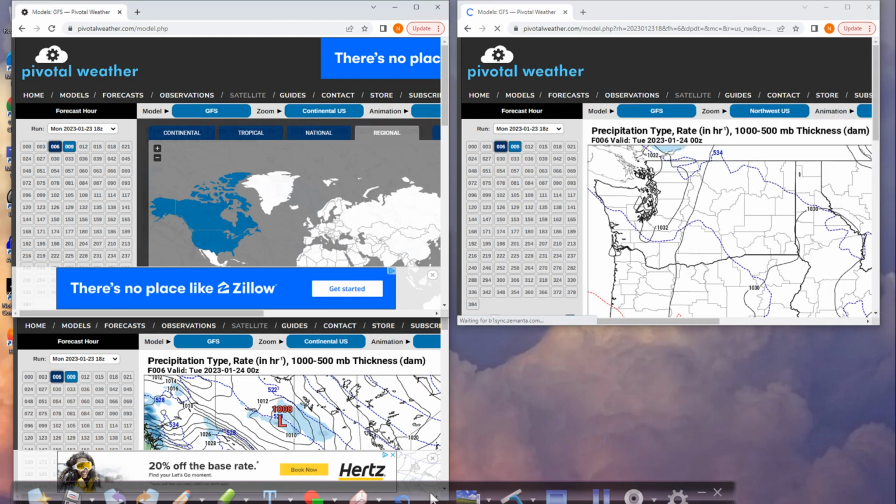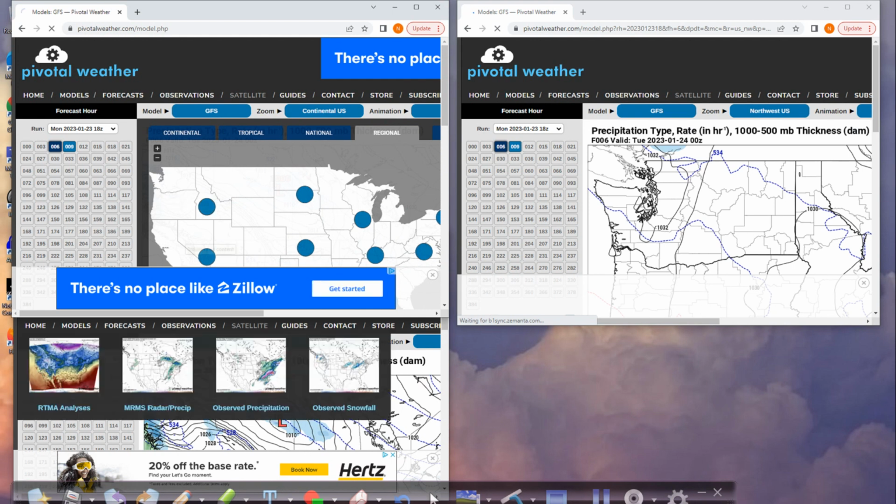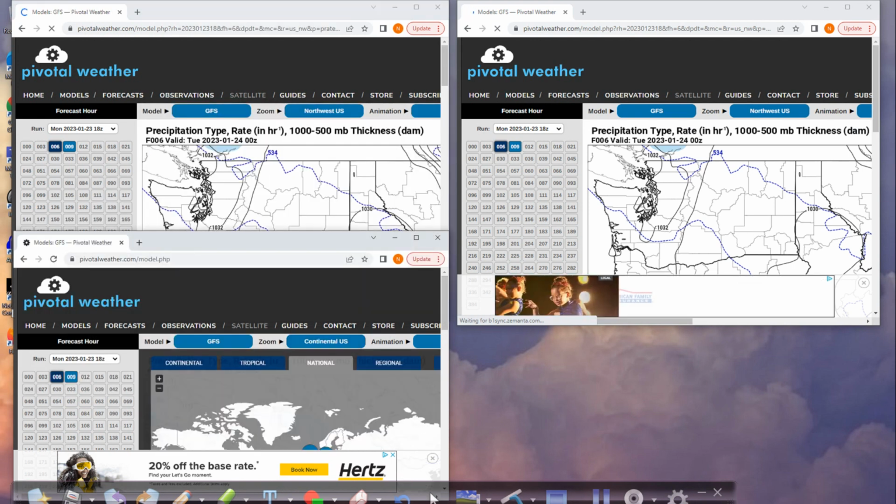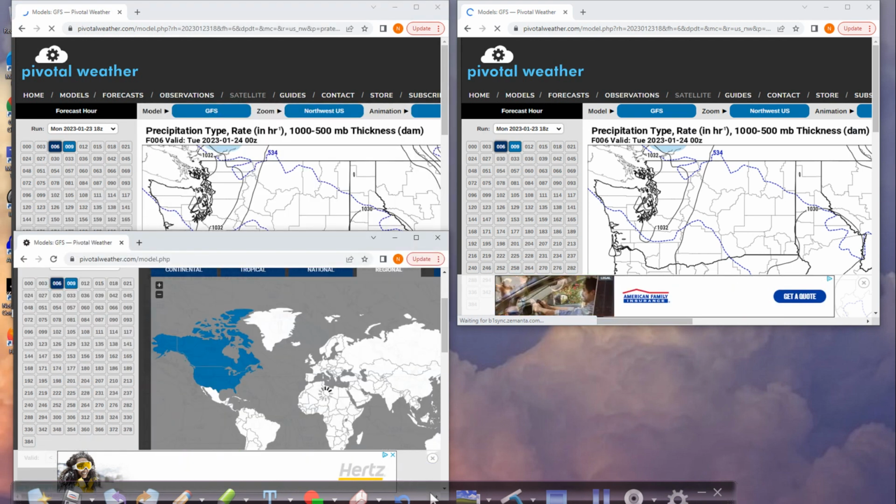I'm going to a different website, but I'm going to use the same models here. I'm just going to the northwest part of the country.